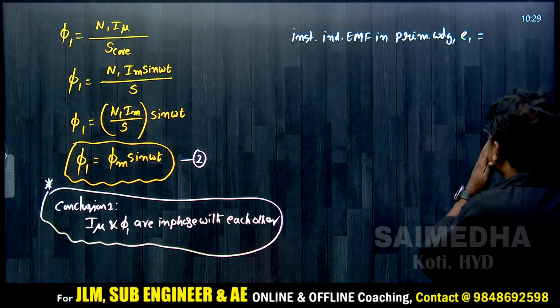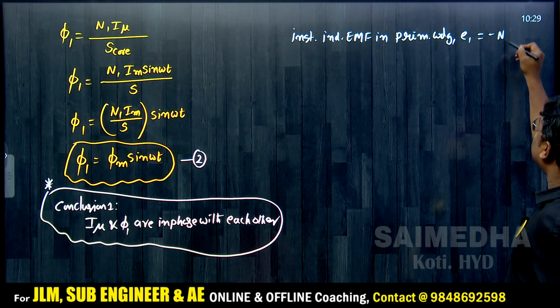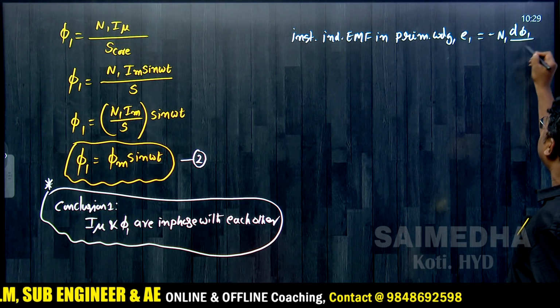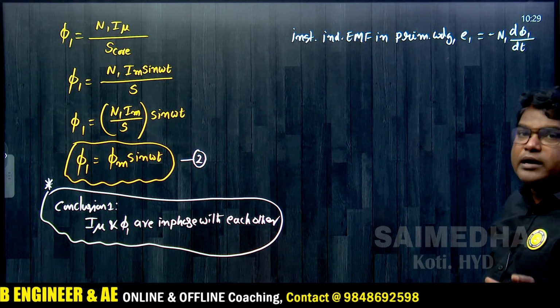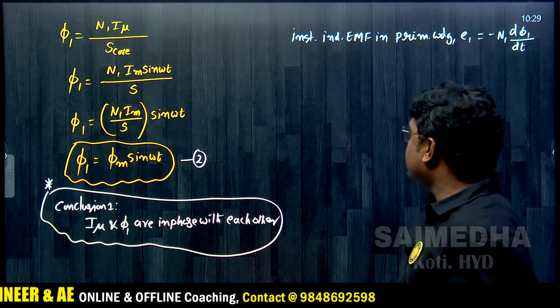Where E1 is equal to minus N1 d phi 1 by dt, according to Faraday's laws of electromagnetic induction.